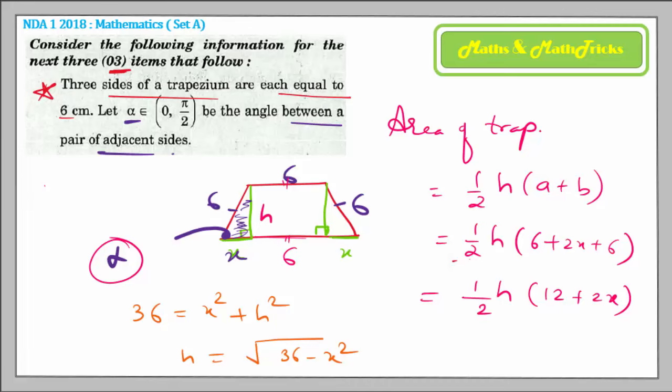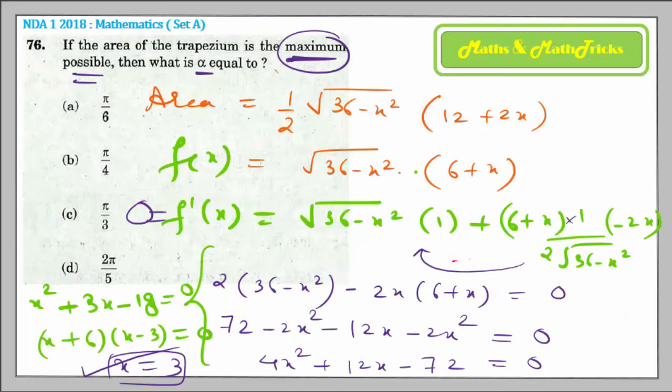So cos alpha, the adjacent is x and the hypotenuse is 6. So x we got 3, so this will be equal to half, and that is true for pi by 3 angle, for cosine 60 degree, isn't it? So we got the answer then. What is the answer to this particular question? It's option number C, isn't it? Option number C is the right choice.